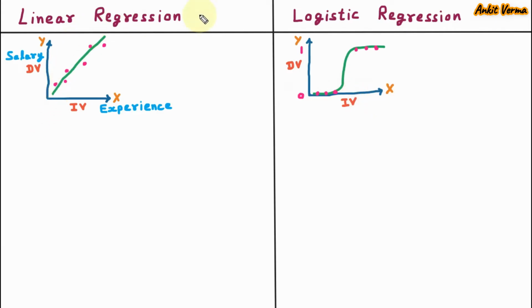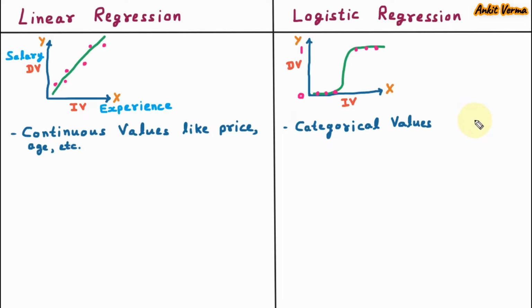Now we are learning the difference between linear regression and logistic regression. In linear regression, we have continuous values, just like price and age. But in logistic regression, we have categorical values like 0, 1, yes, no. The next point is that linear regression solves a regression problem.